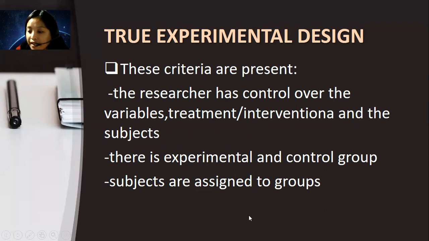Subjects are assigned to groups, and it also involves manipulation of one or more independent variables, that is what we call the variable of influence, and the dependent variable is the variable that we influence, or where we're going to do our test, like the pre-test or post-test. And they are carefully measured, typically in the form of, as I said, the pre-test and the post-test.